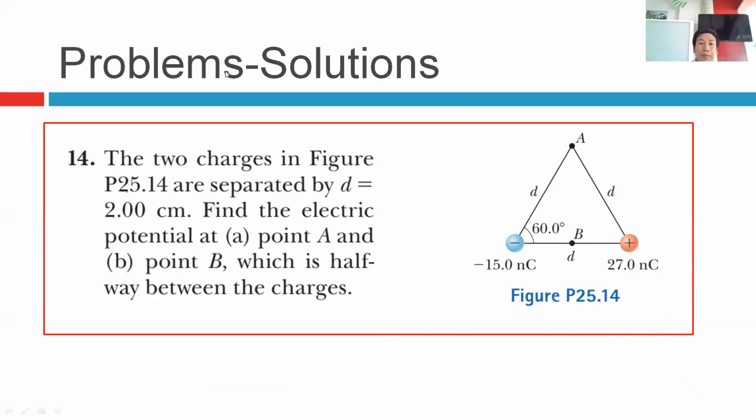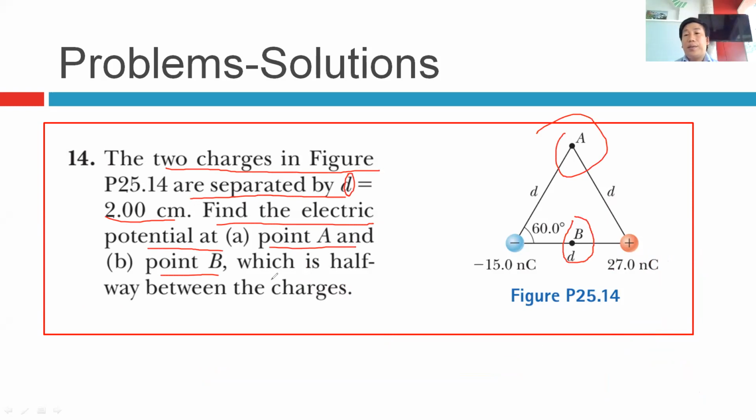Okay, next. In this problem, you have two charges separated by the distance d. They ask us to find the electric potential at point A and point B. Please remember that electric potentials can be summed.